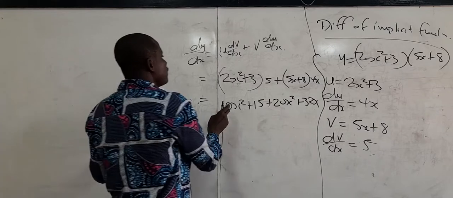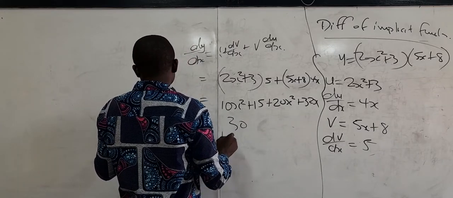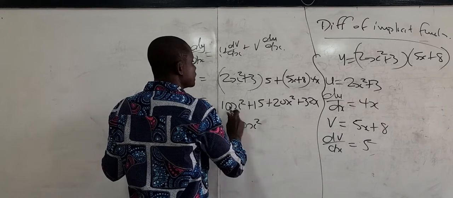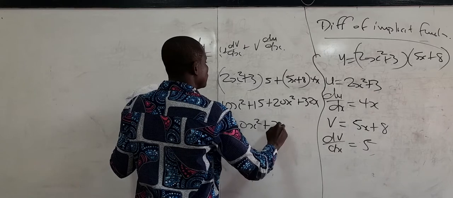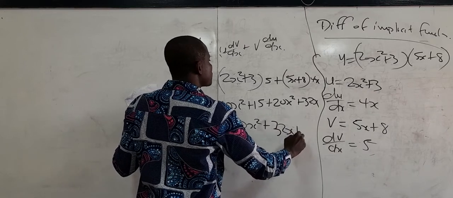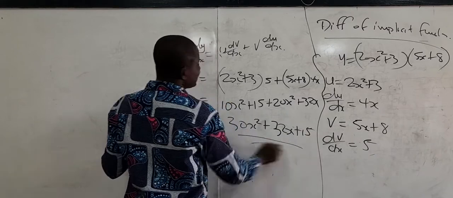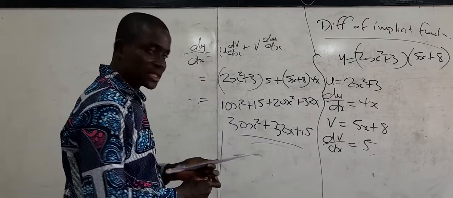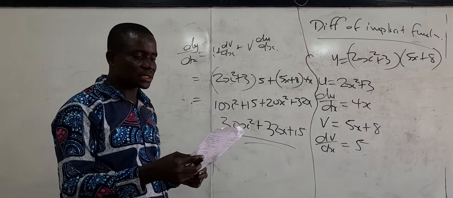So if I add this to this, I get 30x squared, this and this, plus 32x plus 15. This is your dy/dx. Is that okay? This is your dy/dx.